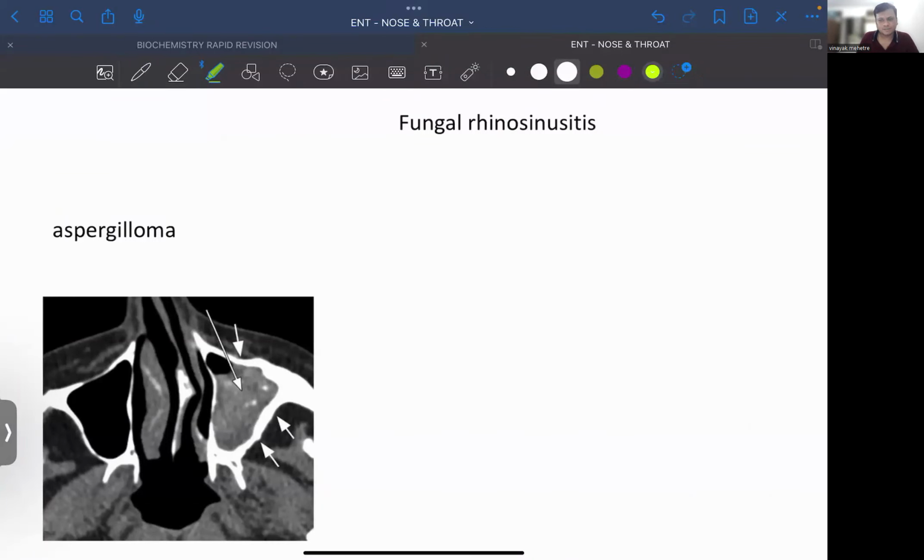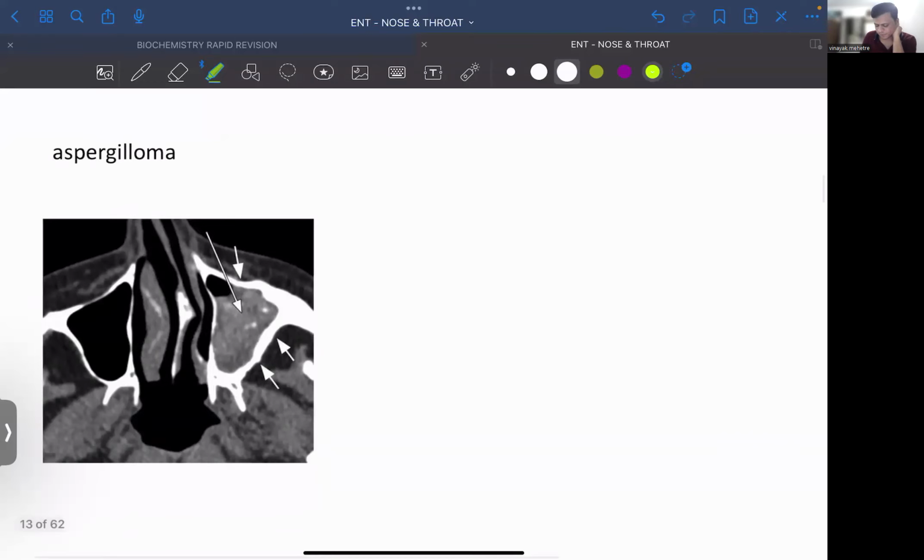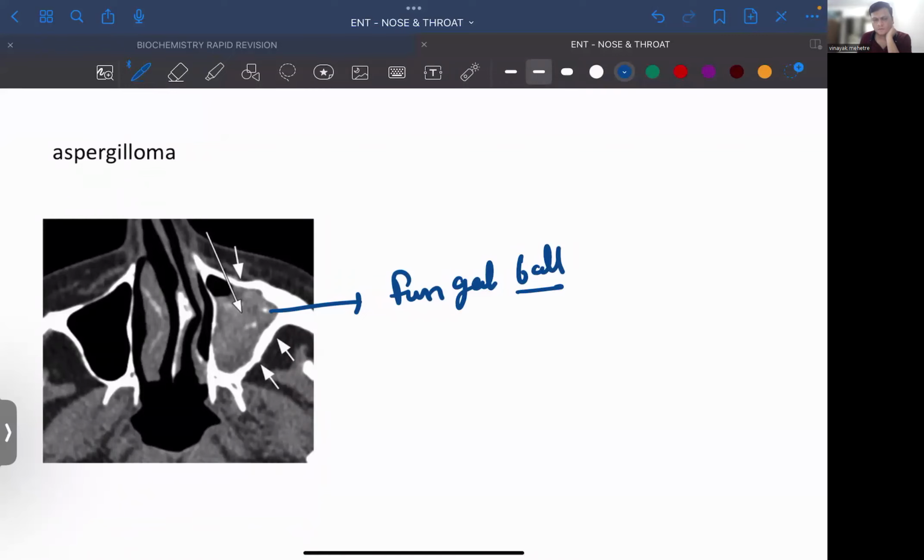Fungal rhinosinusitis. Tell me the most common fungus causing rhinosinusitis. Anyone? Aspergilloma is invasive or non-invasive? Yes, it is non-invasive.